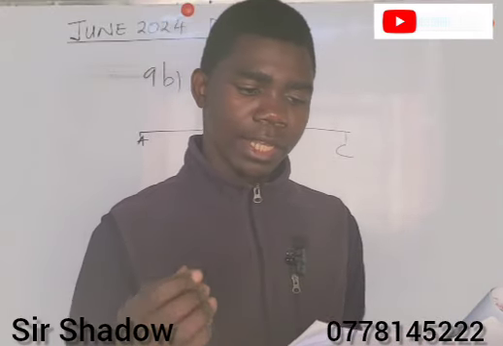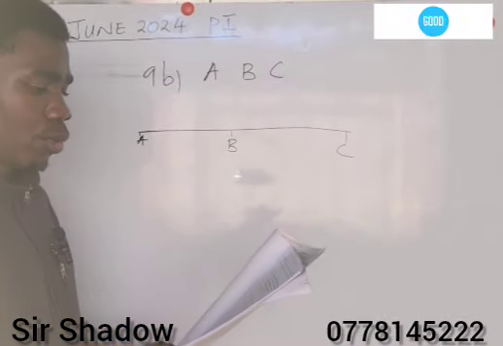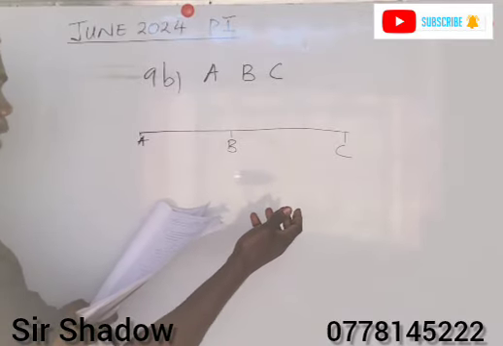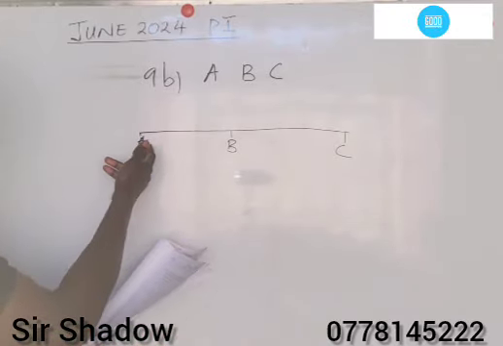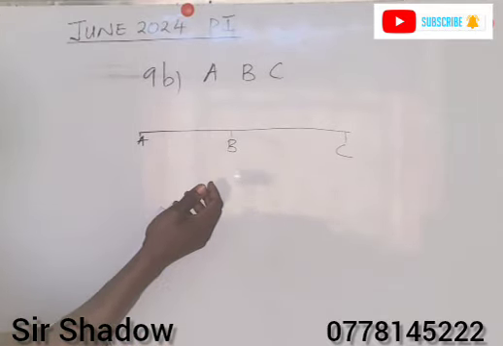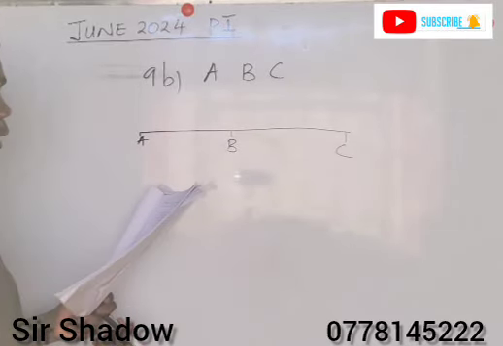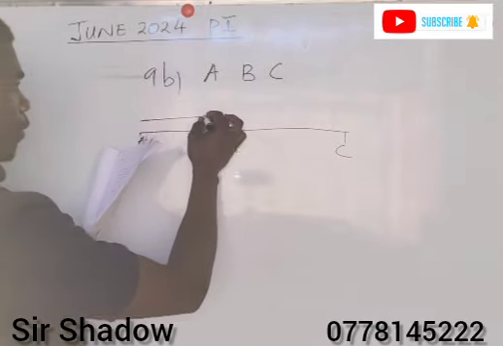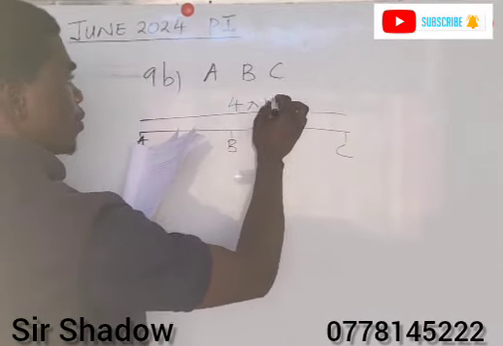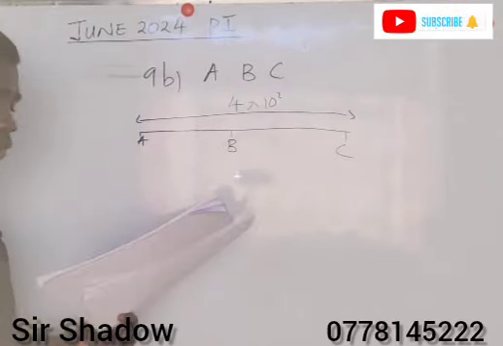Then such that town C is 4 times 10 to the power of 2 kilometers from A. We are given that town C is 4 times 10 to the power of 2 kilometers from A, meaning that from A to C is 4 times 10 to the power of 2.